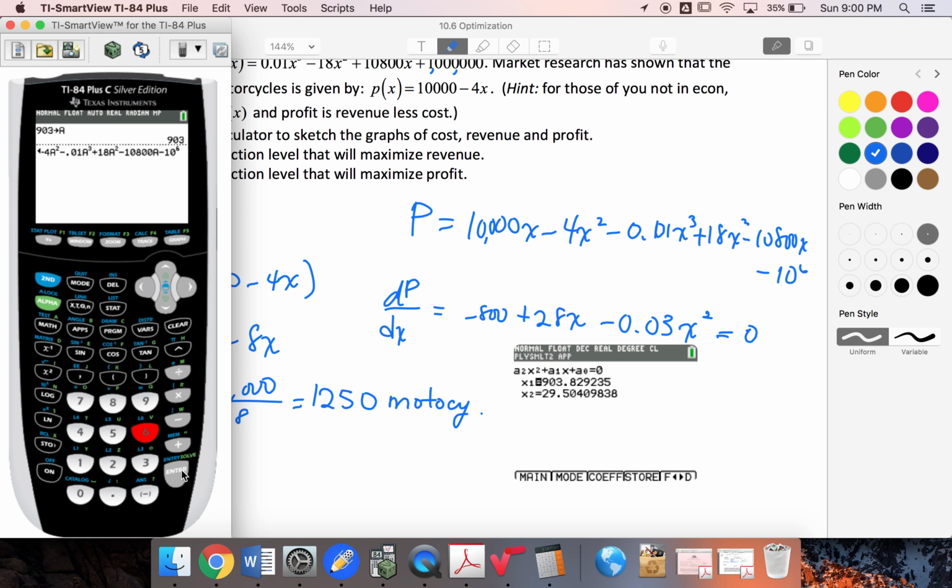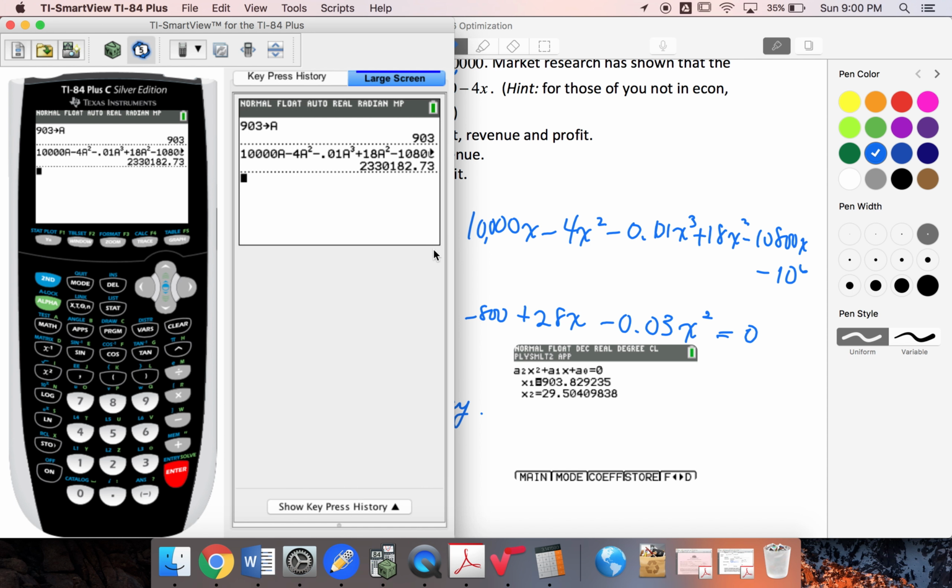Okay, so knowing that if I had 903 motorcycles, this would be my profit. If I change my A to be 904, there's my profit. So I can see that the 904 does actually make more. So I would say 904.